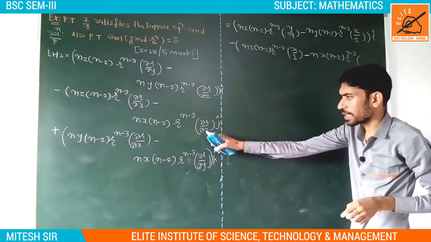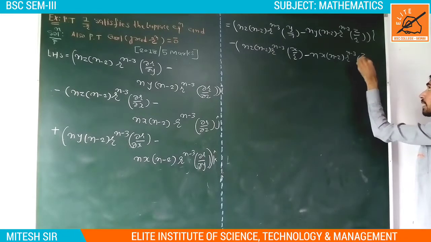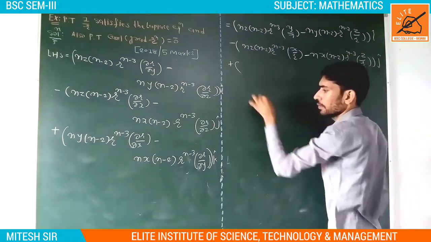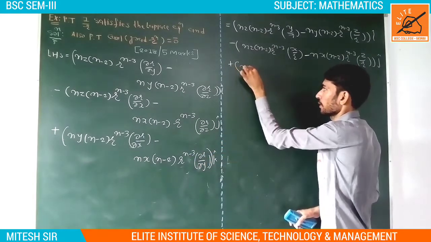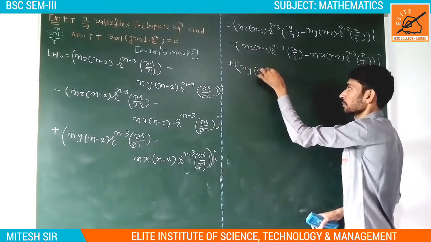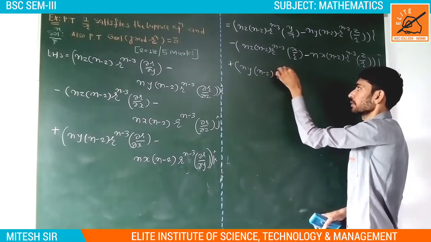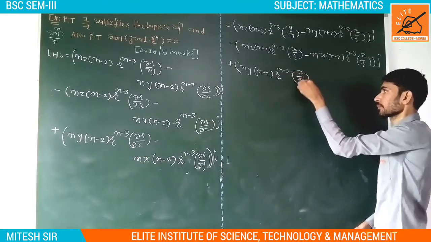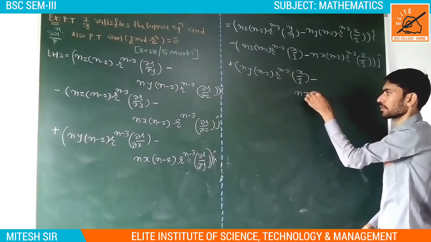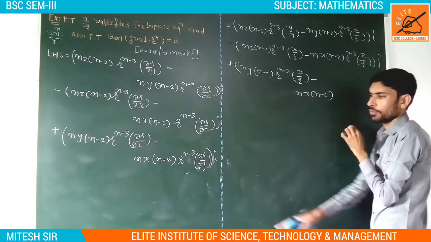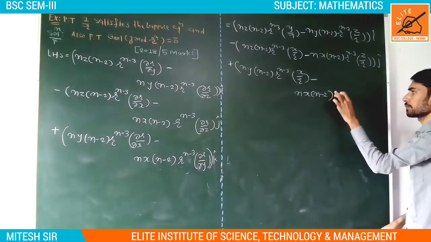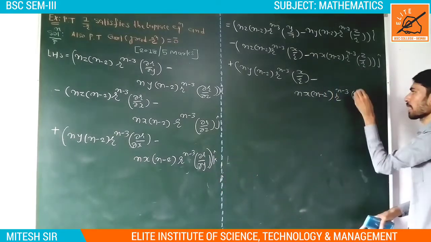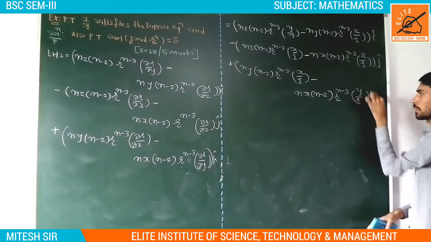Here we substitute the value of ∂r/∂z is the z/r into j cap, plus in last term ny (n-2) r^(n-3). Value of ∂r/∂x is the x/r, minus nx (n-2) r^(n-3) into value of ∂r/∂y is the y/r into k cap.